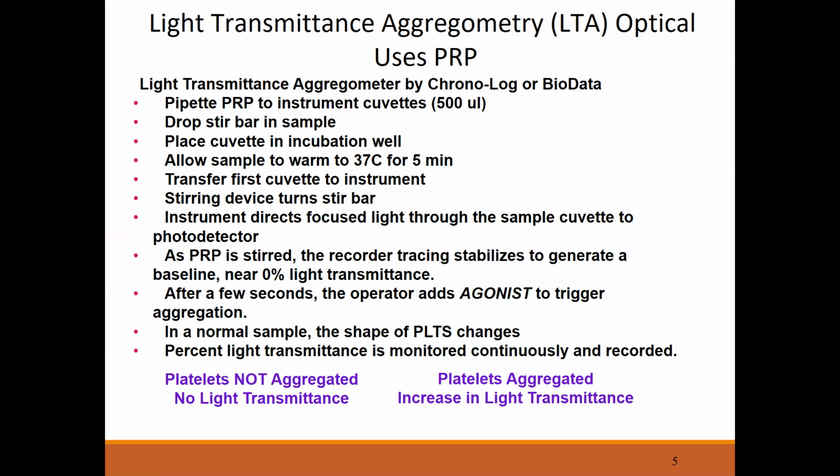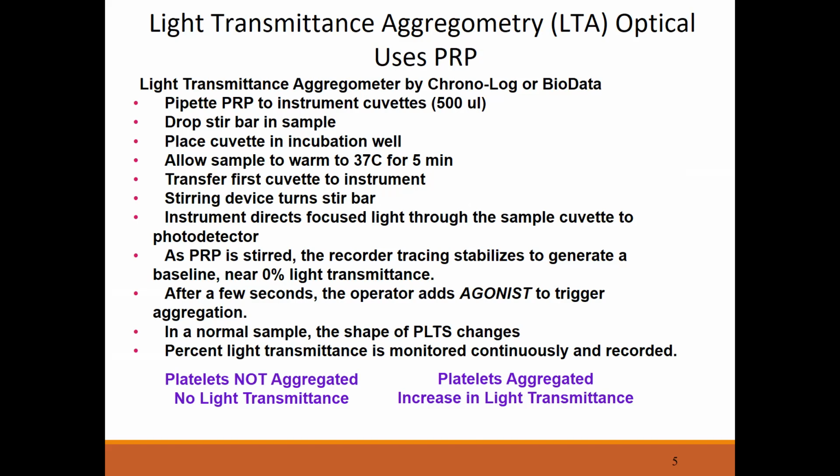Okay, so for light transmittance aggregometry, we already know that there is certain instrumentation available. You take platelet-rich plasma. There's a stir bar in the sample. You will incubate that sample for 5 minutes at 37°C. Then you will transfer to your testing cuvette.